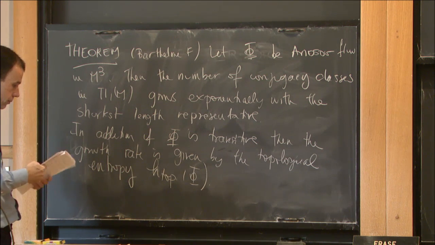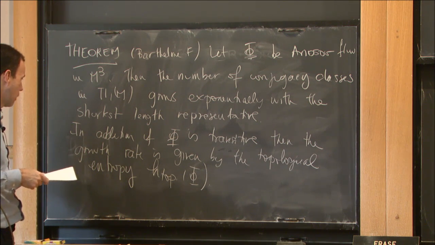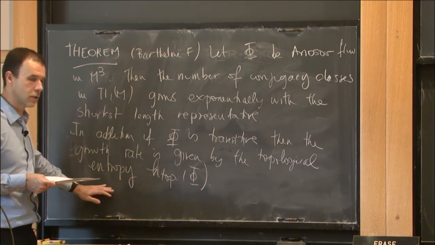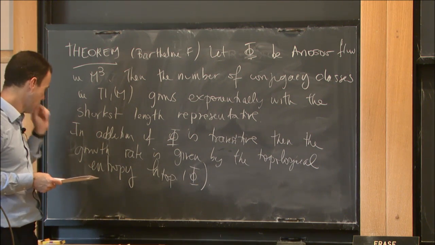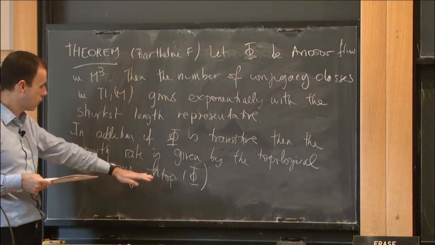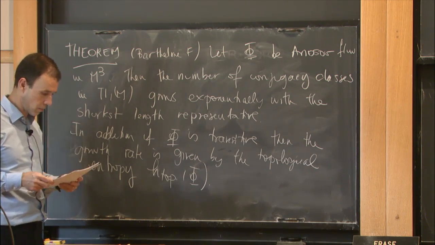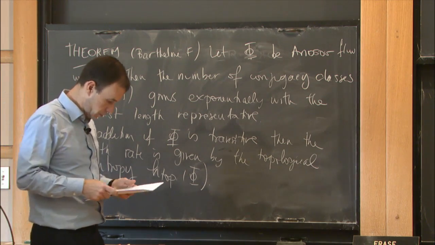And there are also some results about the Bowen-Margulis measure, which is the invariant measure of the flow of maximal entropy, and you can sort of get that as well. All right.